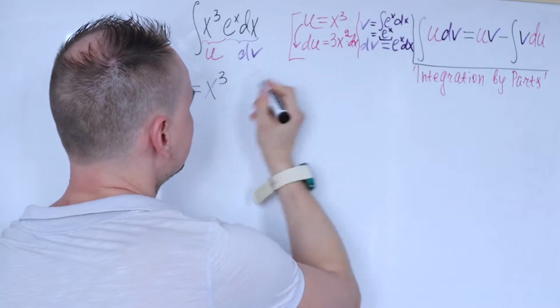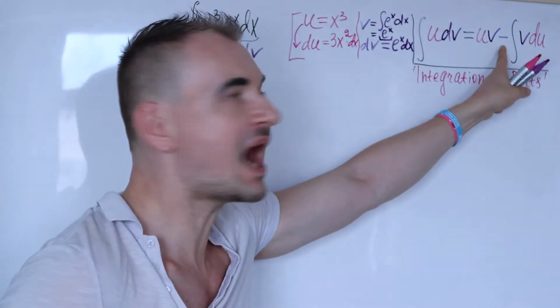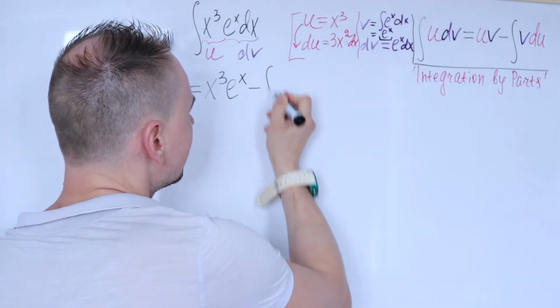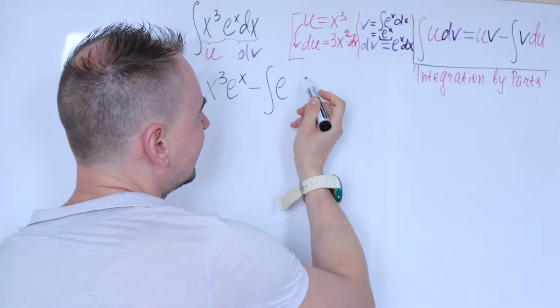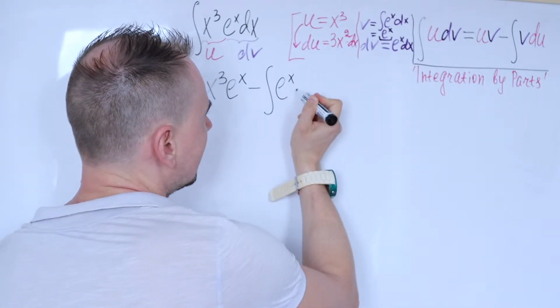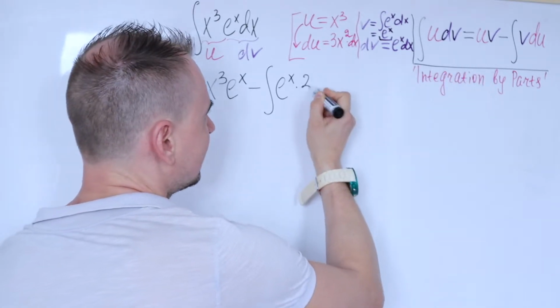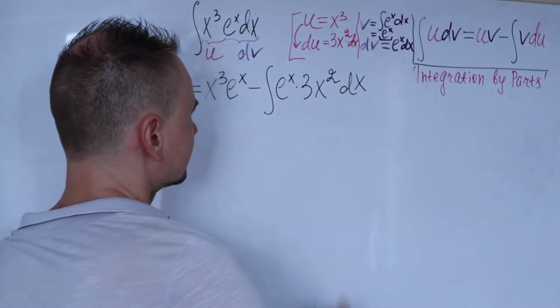So your v is e to the x. Minus, subtract off, the integral v du. So v is e to the x times, and du is 3x squared dx.